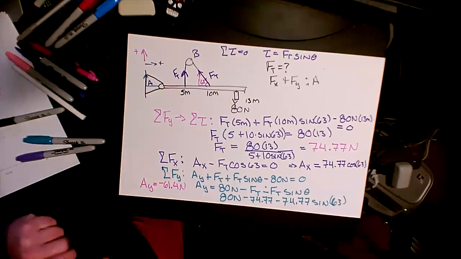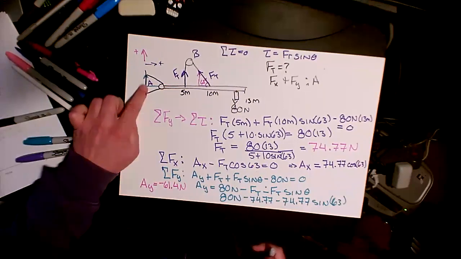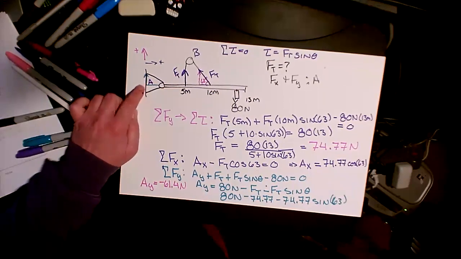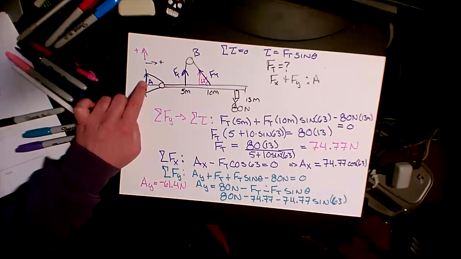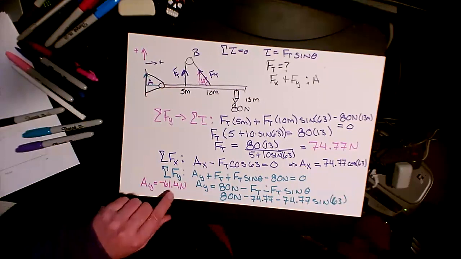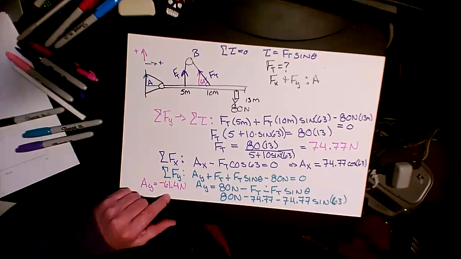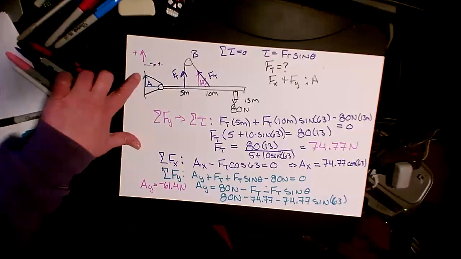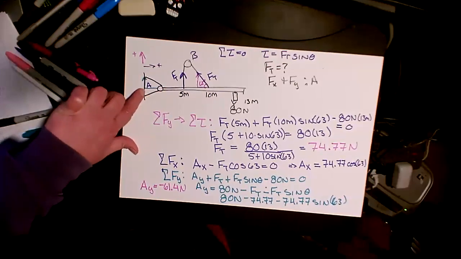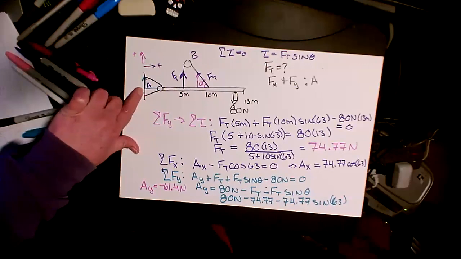So what does that negative mean? What assumption did I make over here? The assumption I made is that I'm looking at this like an upward force. So if this comes out negative, what this is saying is that at equilibrium, for all of these forces to balance, this force must be going in the downward direction.